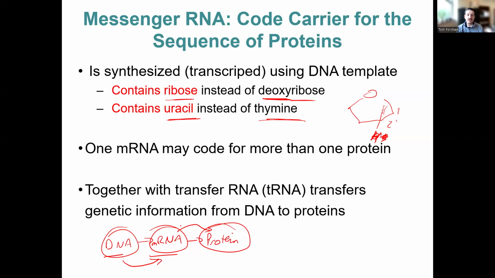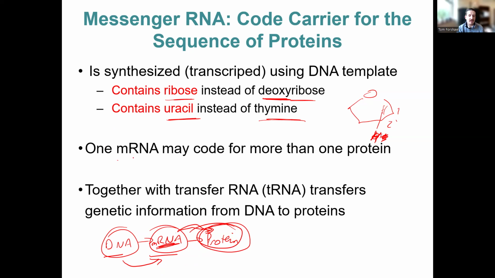And of course, once you have the recipe out, you can make that cake multiple times. So the mRNA can be read multiple times to make the protein multiple times. Or sometimes the page might have multiple recipes on it.